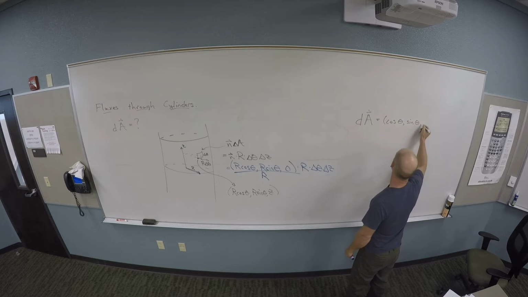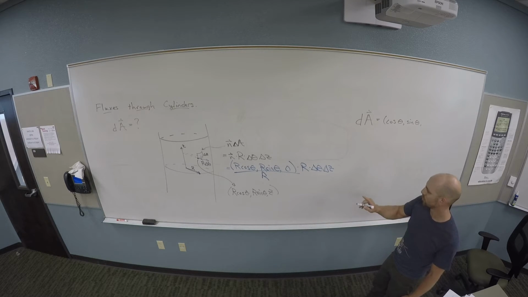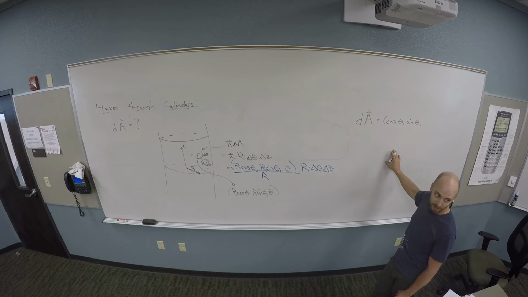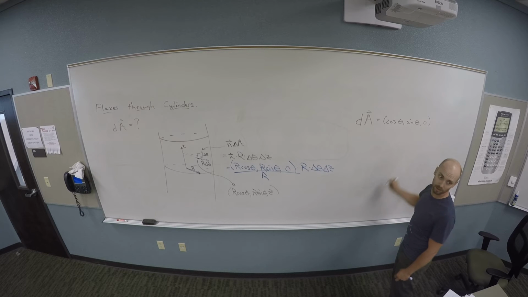Would we include the 0? Yeah, I think we probably should. I didn't write one in my notes, but I think I should have. Because I should be taking a vector field and dotting it. I think I need that 0, like in the answers, when they dot.